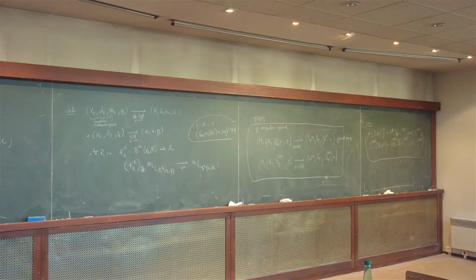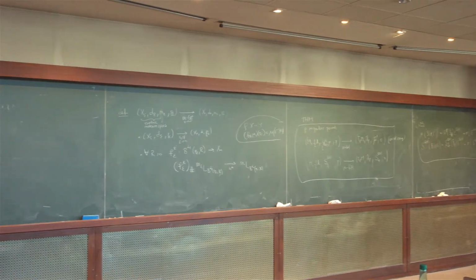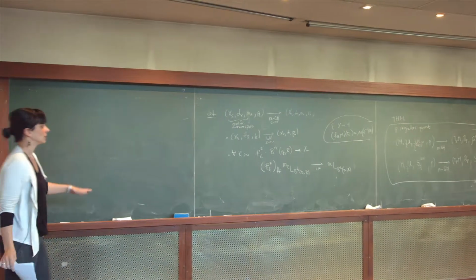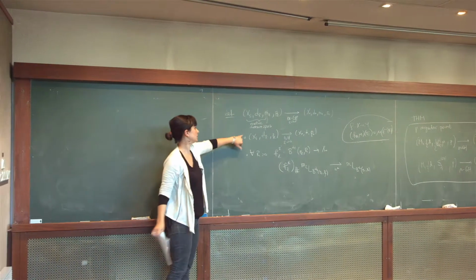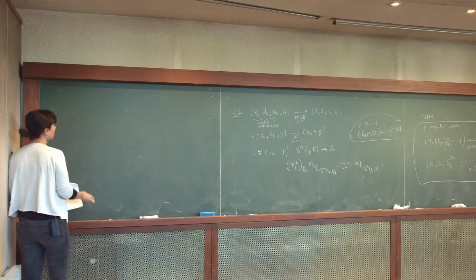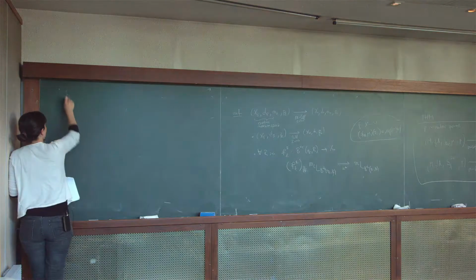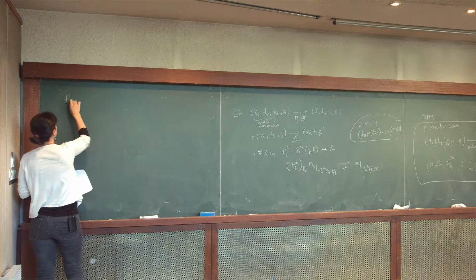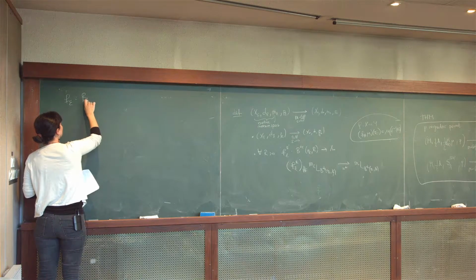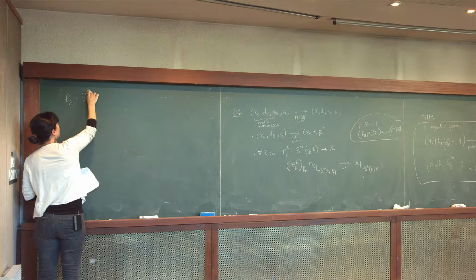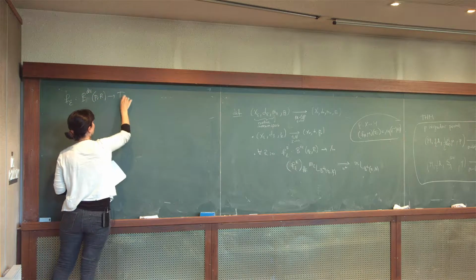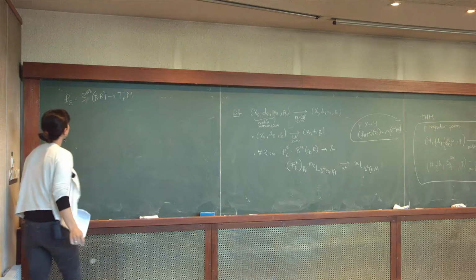So I'm going to sketch the proof, the idea behind the proof. Let's go to the second. I want to define a function f epsilon from the ball with respect to the distance d over epsilon to the tangent space.